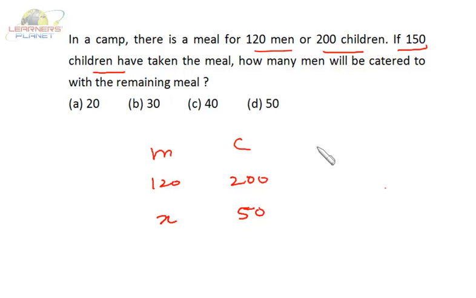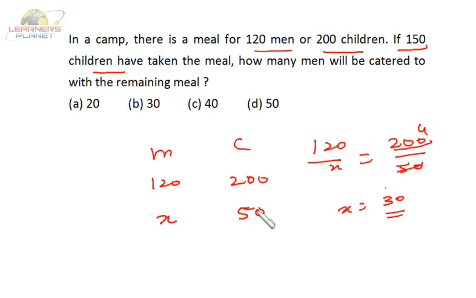Okay. Now let's compare. 120 by x is equal to 200 by 50. That means x is equal to 120 by 4, that is 30. That means 50 children are equivalent to 30 men. That means the meal which is now available will be sufficient for 50 children or 30 men.